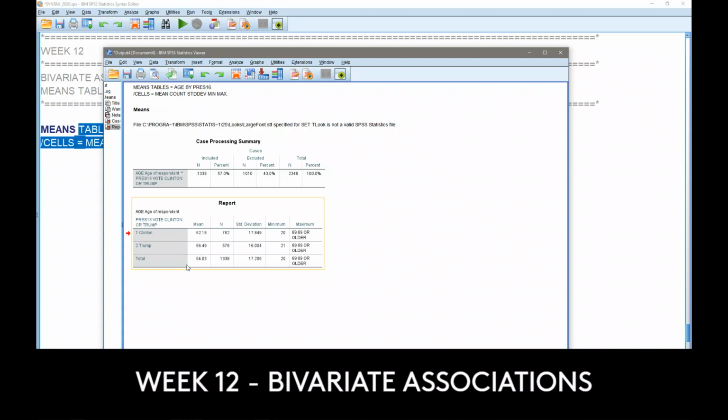Okay, so we can see here that the average respondent who voted for Trump is several years older than the average respondent who voted for Clinton. So the average age for Trump is about 57 years old. The average age for Clinton is about 52 years old.